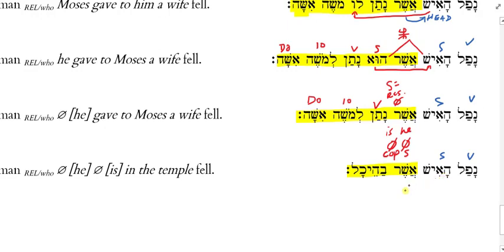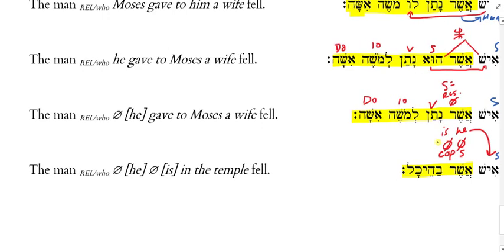We would say the man who is in the temple. Okay? The man who is in the temple fell. Hebrew could drop the resumptive element. The resumptive element is the he that's unstated. And then you could also have a copula that's unstated. So this is where you're missing several things, but you can still make good sense of it in your translation, right?